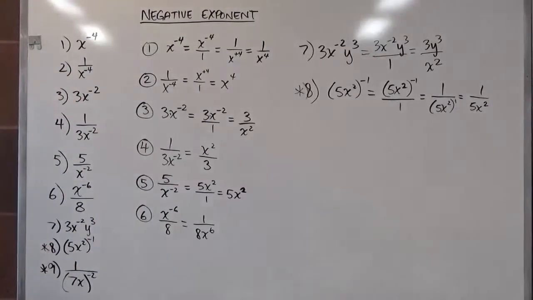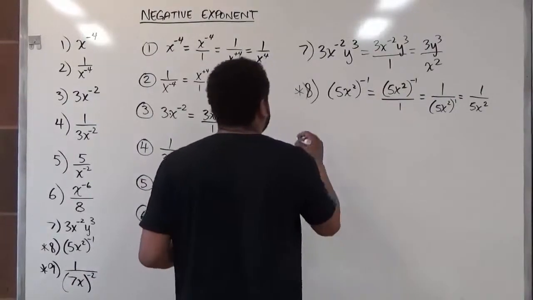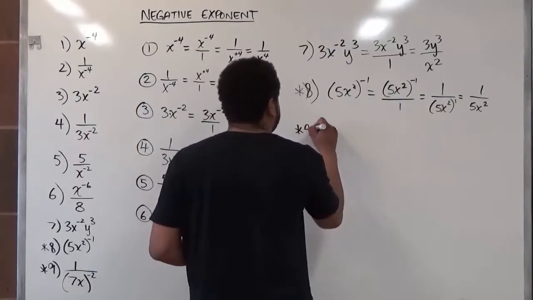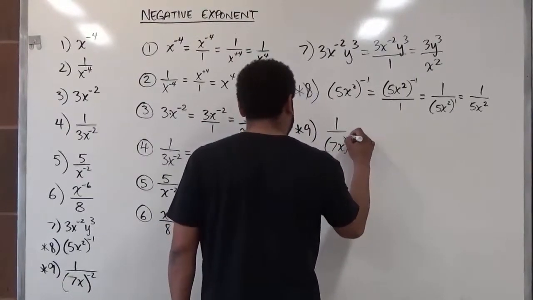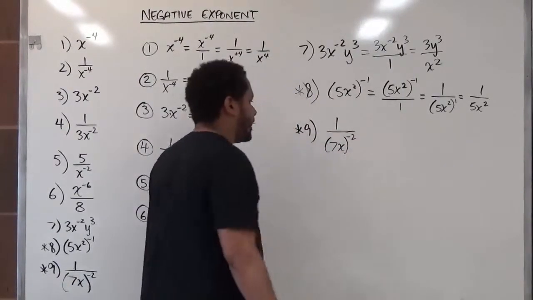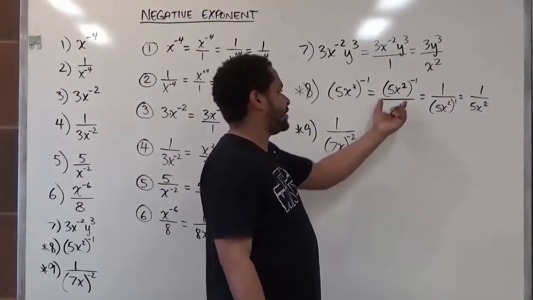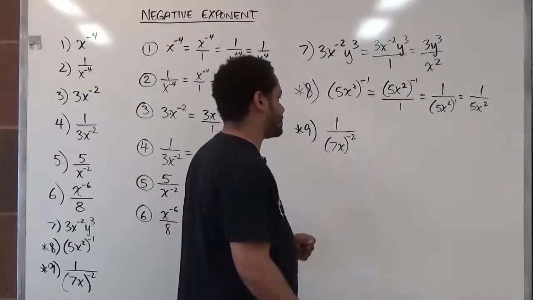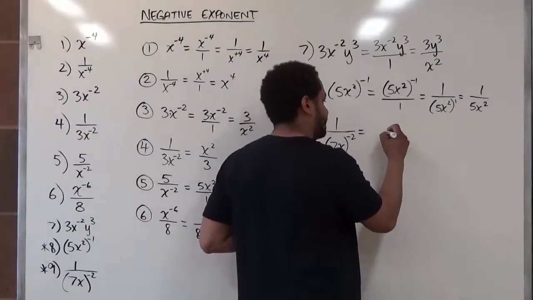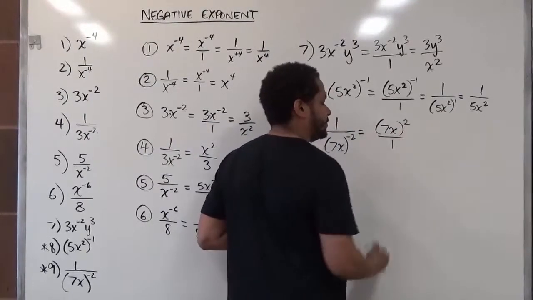So let's move on to number 9 here, which has one of the situations where we have a number outside the exponent here. It's not just going to be a 1. So we have 1 over 7x raised to the power of negative 2. And so again, just like this problem, we have the fraction already, and we're going to transpose the term to change the sign of the exponent outside the parentheses, and we're going to get 7x raised to the second power over 1.